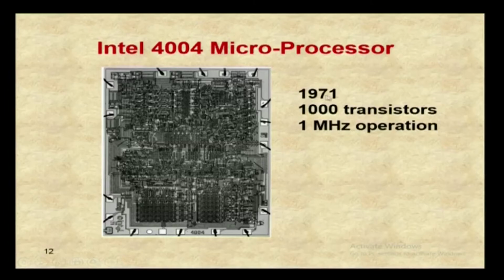1000 transistors in 1971, and they made the first 4-bit microprocessor, the Intel 4004. This is the photograph of what is inside a 4-bit microprocessor. It contained 1000 transistors, and the frequency of operation was 1 megahertz. That really started things rolling, and people were improving the technology further and further, pushing more and more transistors inside.